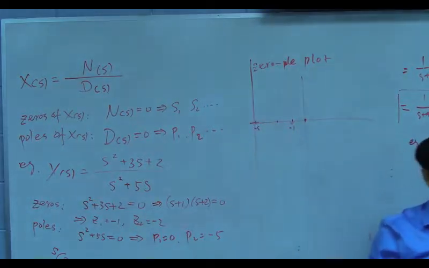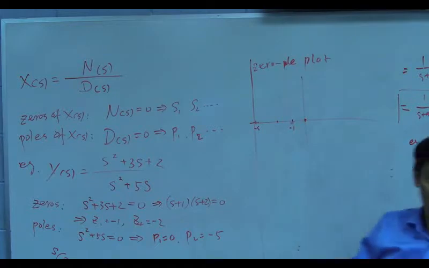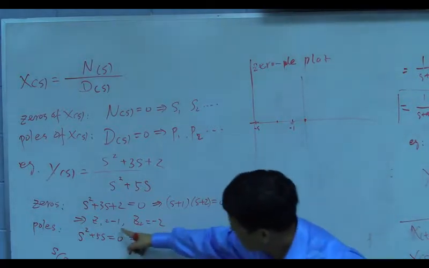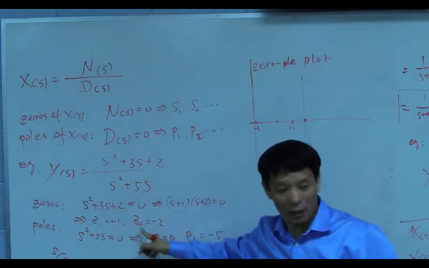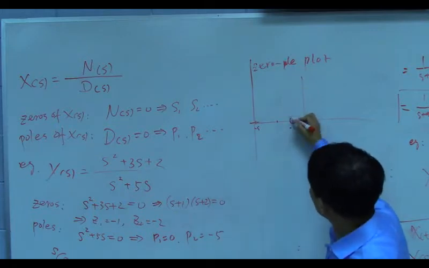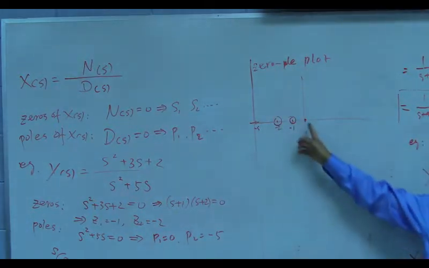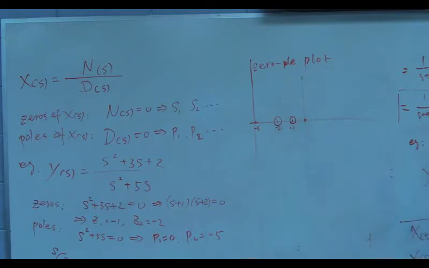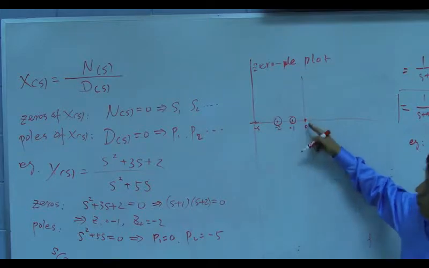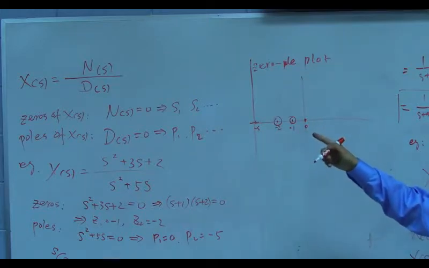What I do is, for a zero, I will use a circle. This one is -1, right? And -2. I will use this to represent a zero. And this 0 here, what is this? That is a pole, right?